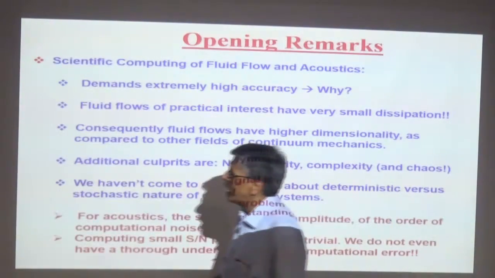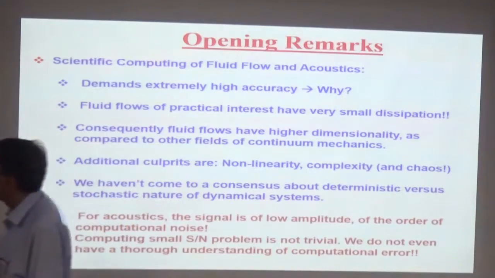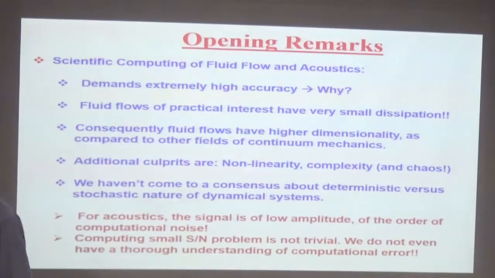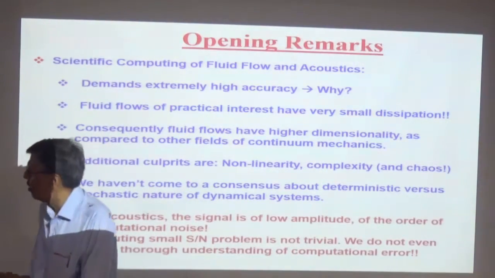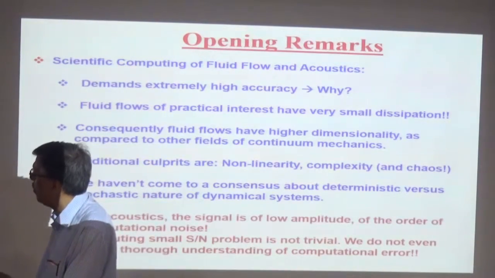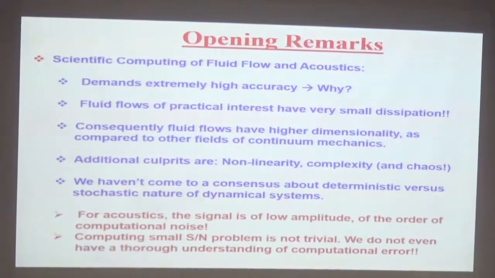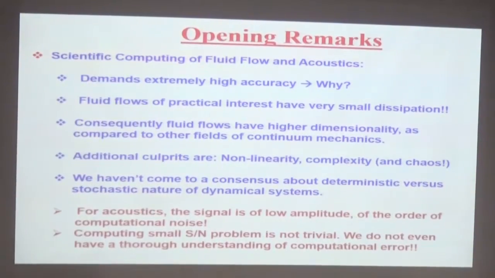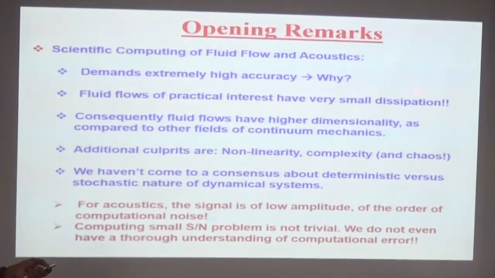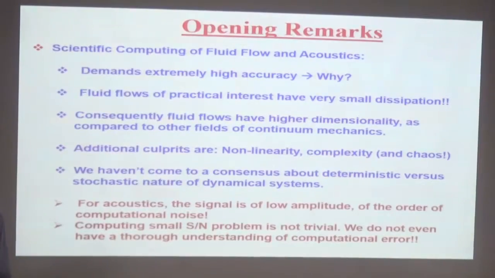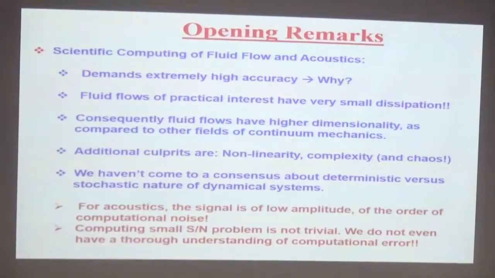I just begin with this opening remark. As I told you, there is a unity that we want to talk about: scientific computing of fluid flow and acoustics. Both require high accuracy. Why? I'm talking about this quantity, the small dissipation that is always associated with fluid flow.